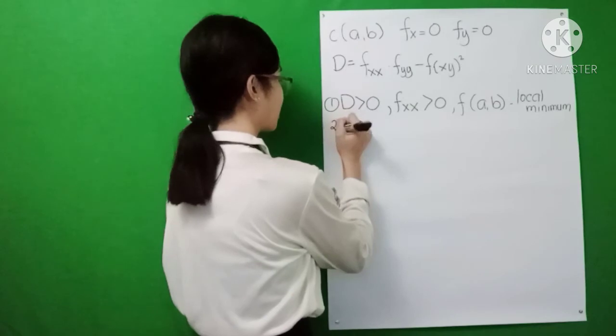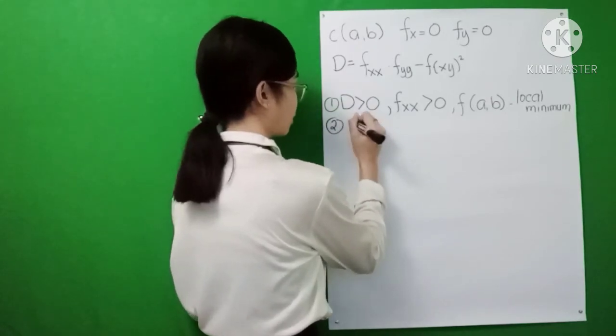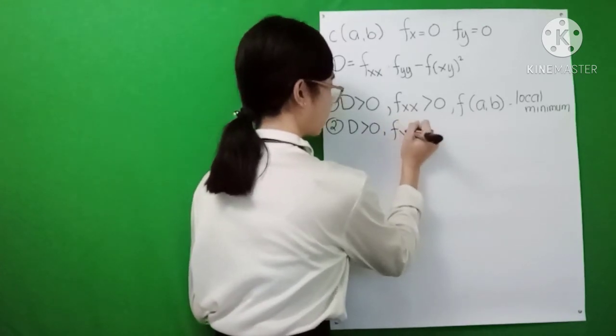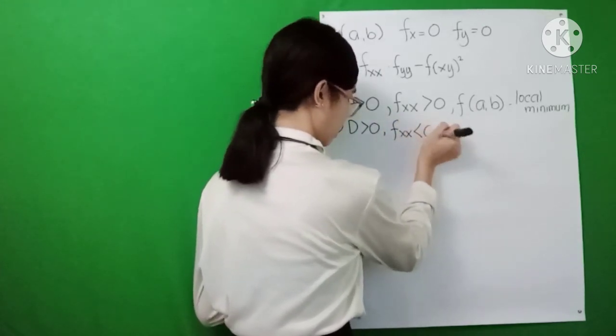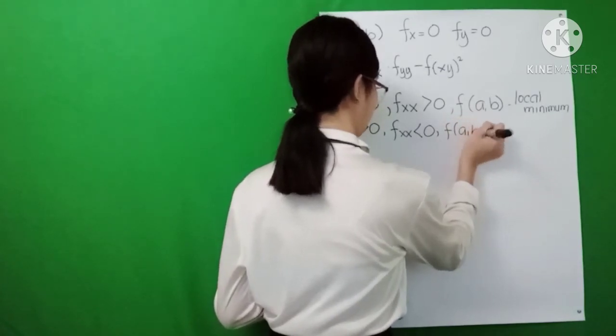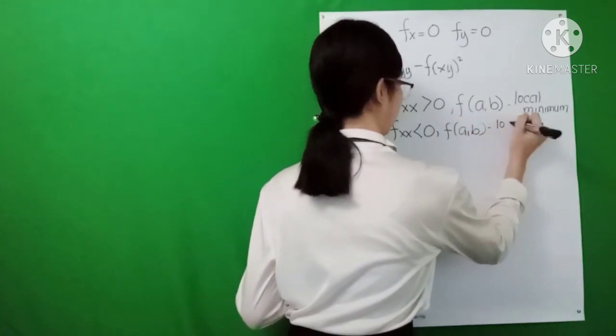So the second case is if D is greater than 0 and f double x is less than 0, then the function evaluated at a, b is a local maximum.